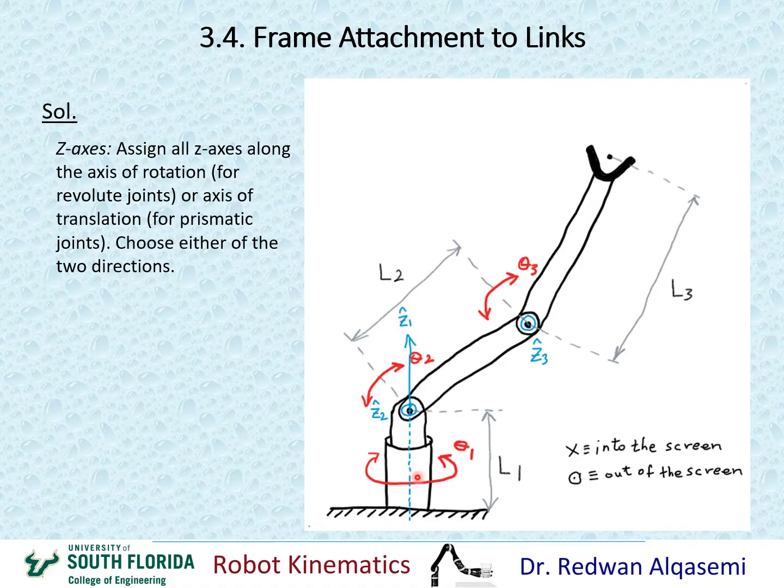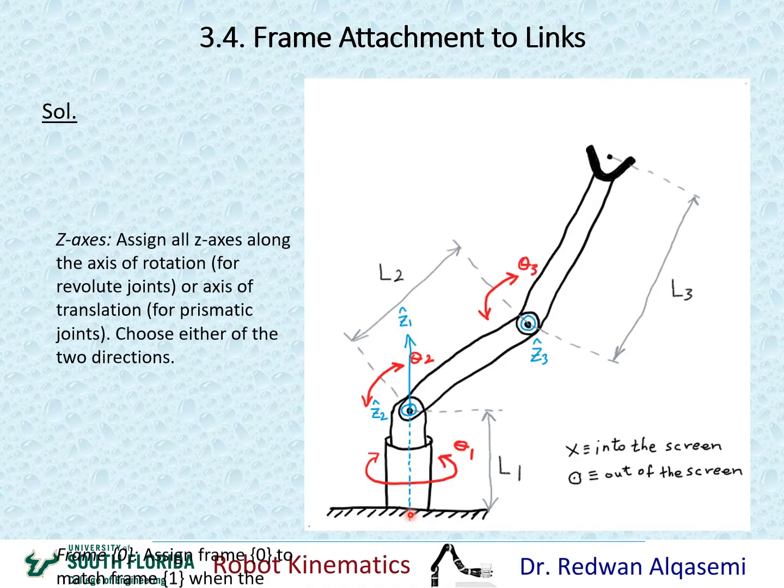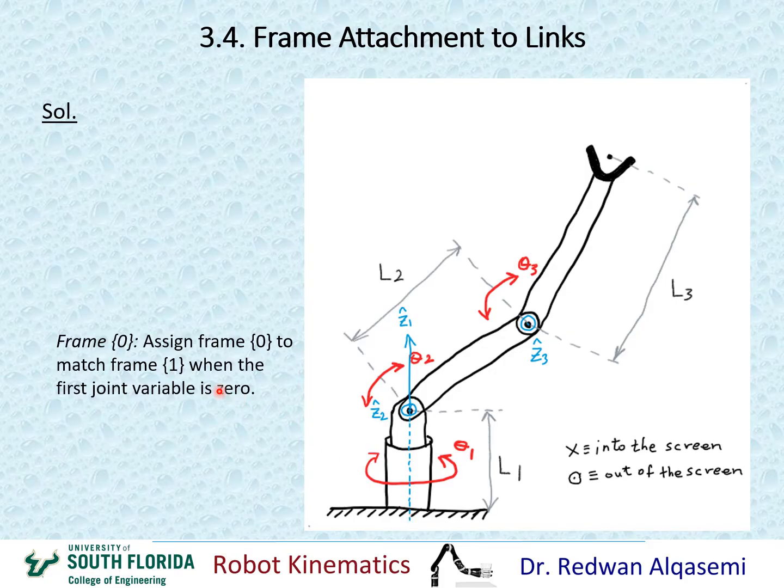Now I'm going to go back to frame 0. To assign Z0, we have to assign it such that it will cause as many parameters as possible to go to 0. In this case, it's always advised to assign it identical to frame 1. So whenever joint 1 is not moved, or its variable is still 0, Z1 and Z0 will be identical and the frames will be identical.